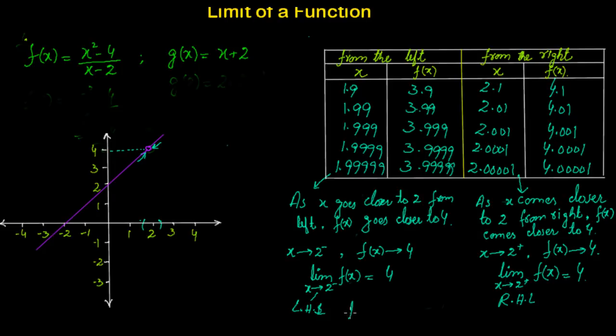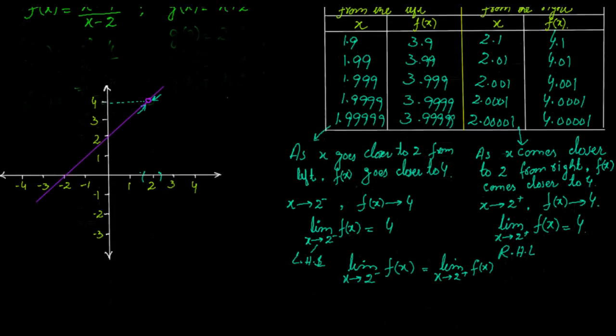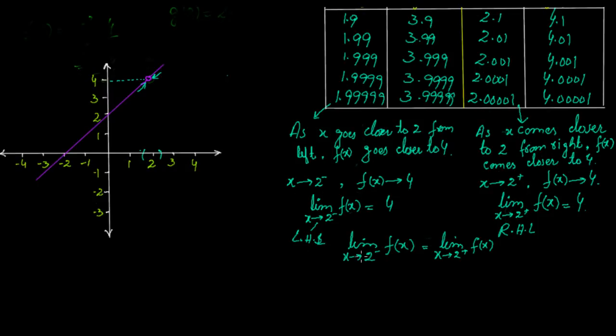And if these two are equal, if limit x approaches 2 negative, f(x) is the same as limit x goes to 2 positive, f(x), then we say that the limit is independent of whether we are taking points from the left or from the right, and in that case we say that the limit exists, and we write limit x goes to 2, f(x) equals 4.